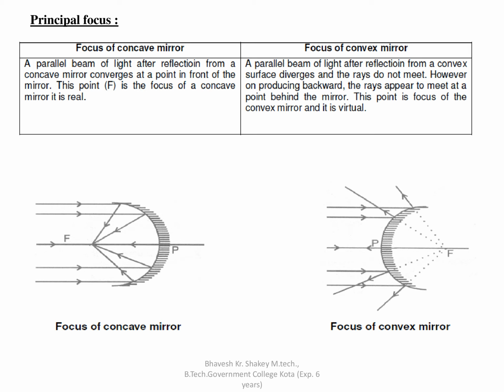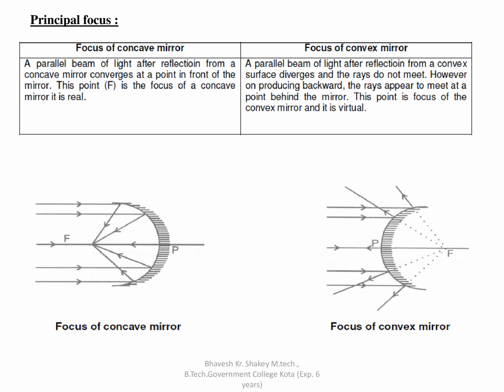Okay, now we move to a convex mirror. Here in a convex mirror, again, in 10th class we always consider that the light rays are coming from the left side to the right side. So in this diagram also the rays of light are coming from the left side to the right side. Now they are parallel to the principal axis, and they are incident on the reflecting surface of a convex mirror.